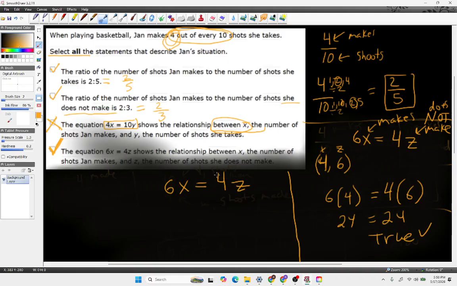I could also substitute in the x value for shots made and solve for z, and I should get 6 if this equation correctly predicts this ratio. Again, this is shots that are made, and they specified that z is shots that are missed. So I'm going to plug in 4 for shots made, and z should come out to be 6.